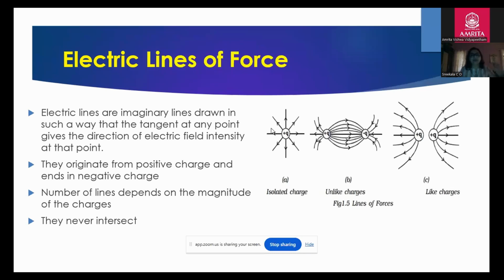The number of lines depends on the magnitude of the charge. They will never intersect, because if they intersect, there would be two values for electric field intensity, which is not at all possible.